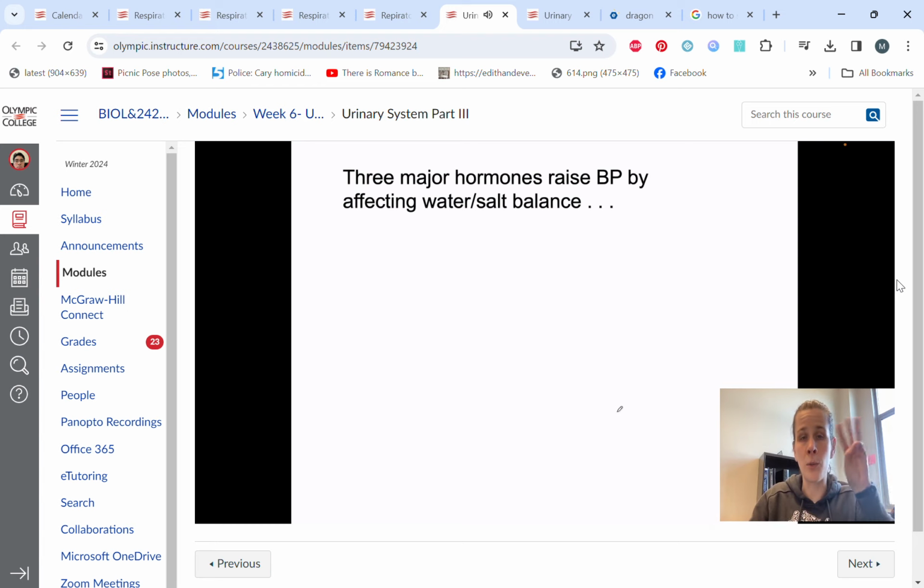So there are three major hormones that raise your blood pressure. They affect the water-salt balance. We have renin, angiotensin 2. So renin is produced at the JGA, activating angiotensinogen.